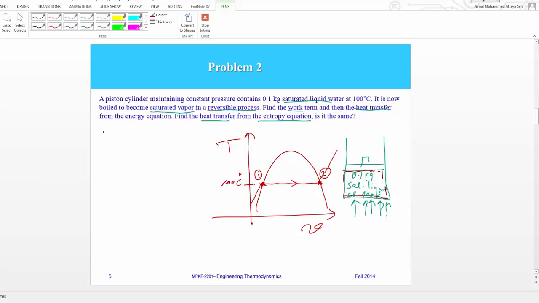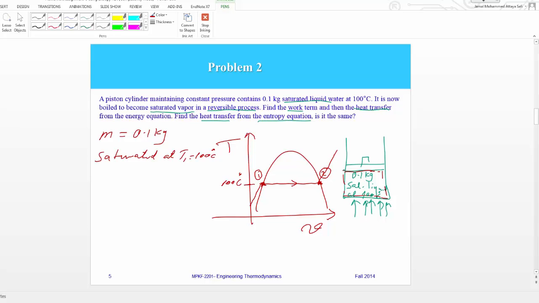And we can start with, of course, what we know. I can write here, we know that the mass is 0.1 kilogram, and it's a saturated liquid, so I know the state. So state 1 is saturated liquid at T1 equal 100 centigrade.